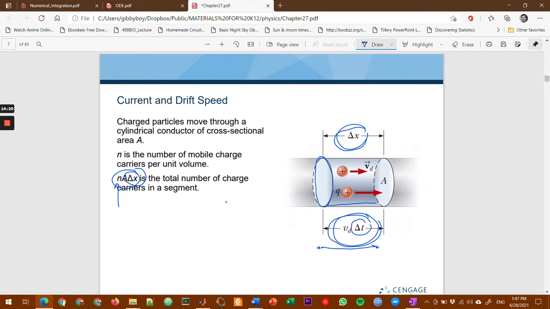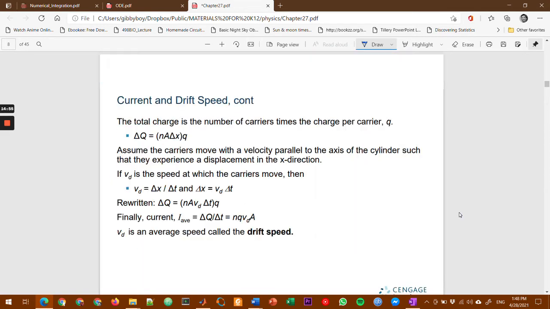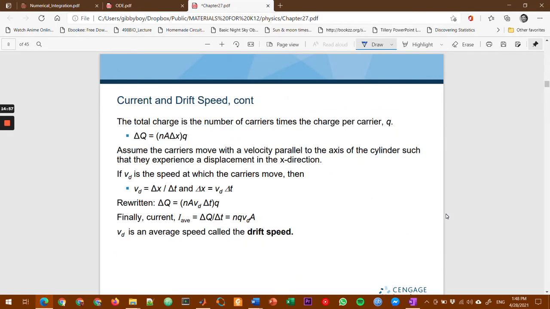So we can get the total number of charge: N A delta X. N is charge carriers per volume, while A times delta X is volume, so they cancel, and we get the total number of charge carriers in a segment.